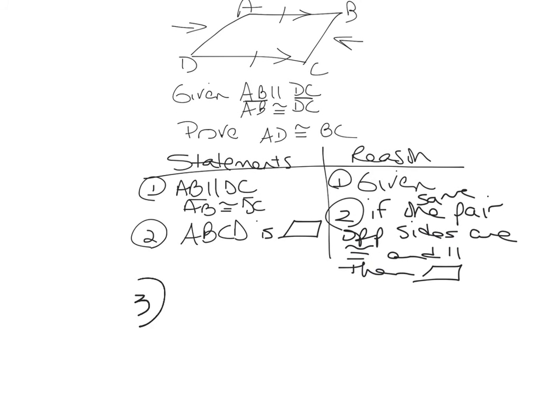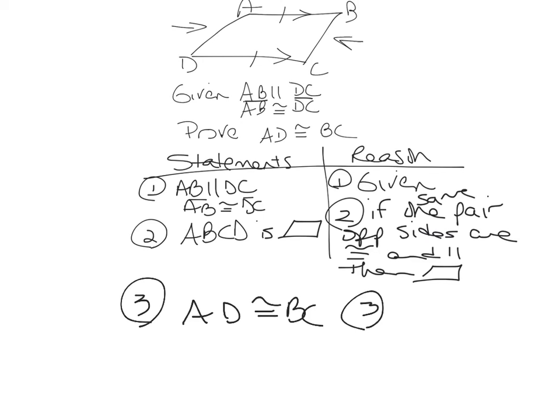Step 3. What can we conclude? Jason? Segment AB is congruent to segment BC. By what? Because each pair of opposite sides of a parallelogram are congruent.